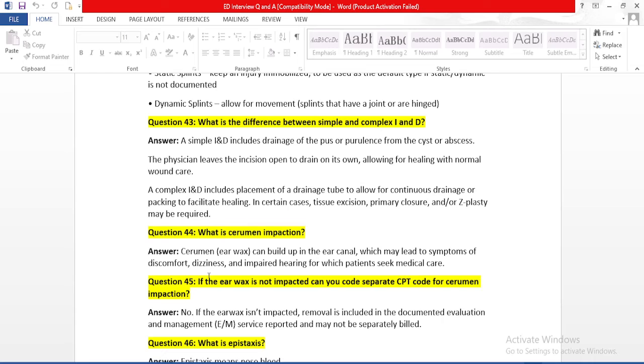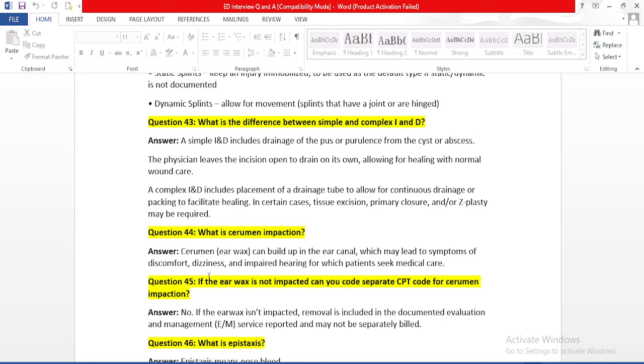So what is the difference between simple and complex I&D? A simple I&D includes drainage of the pus or purulence from the cyst or abscess. The physician leaves the incision open to drain on its own, allowing for healing with normal wound care. Usually we will call it incision and drainage, simple. And what about complex? A complex I&D includes placement of a drainage tube to allow for continuous drainage, or packing to facilitate healing.